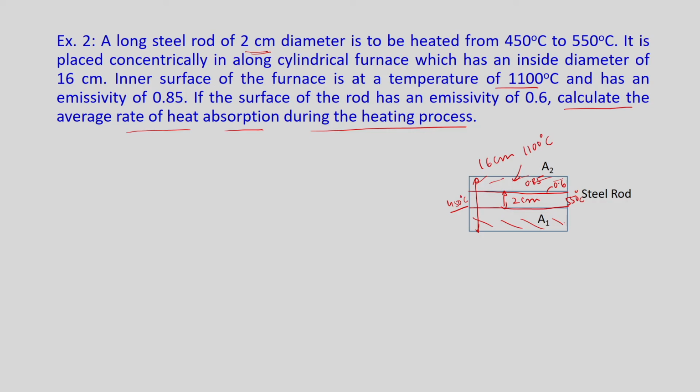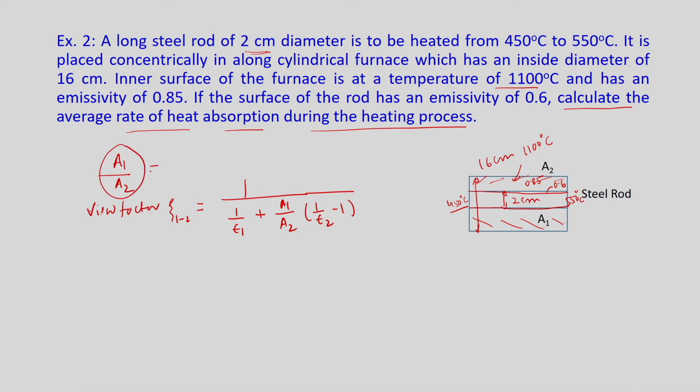So, how to proceed? We must know A1 by A2, because we need to calculate the view factor F(1 to 2), which is 1 by [1/eta 1 plus A1 by A2 times (1/eta 2 minus 1)]. So, A1 by A2 is required. How to calculate it? The area is pi d l, so pi will cancel.